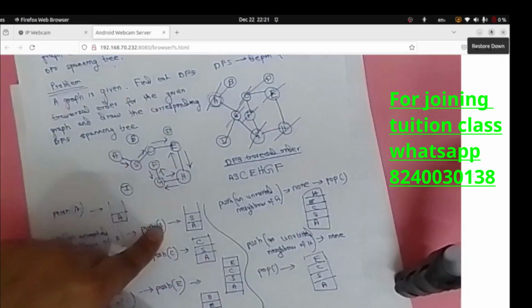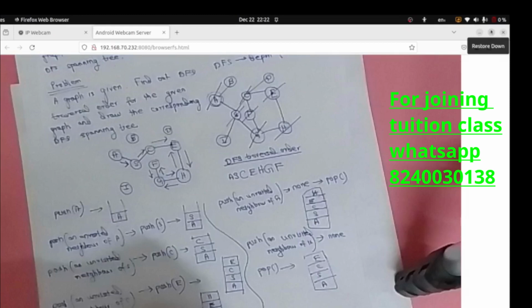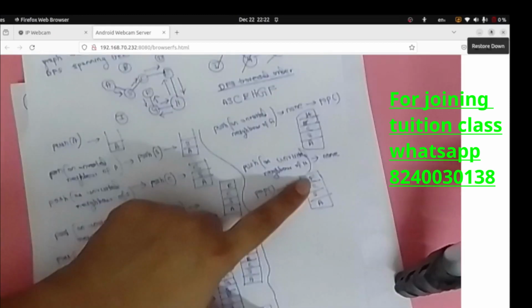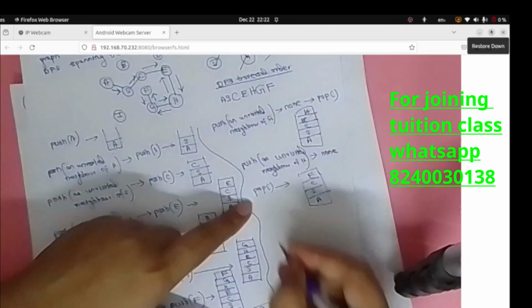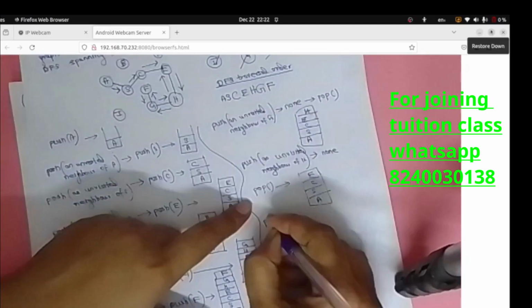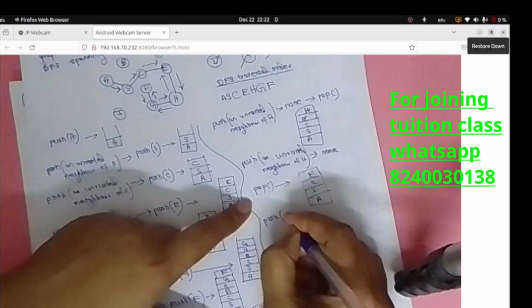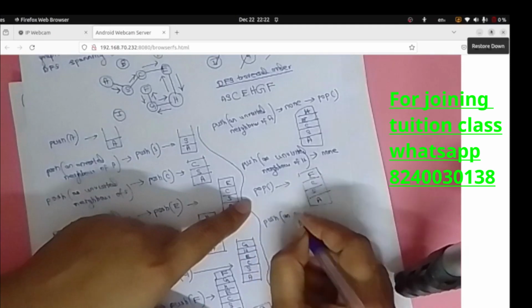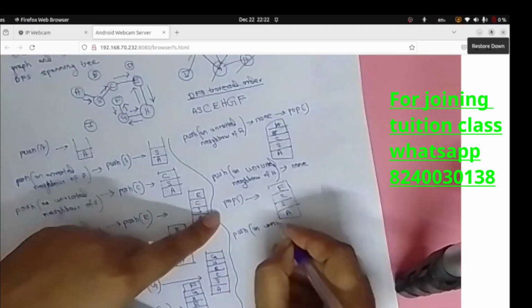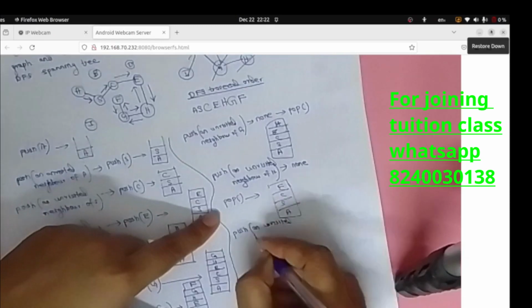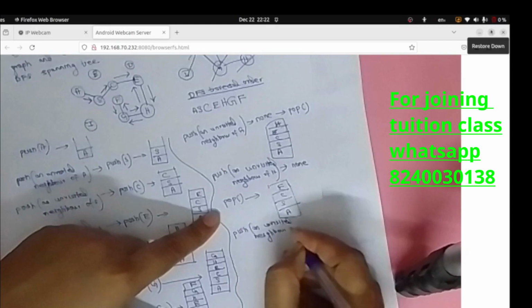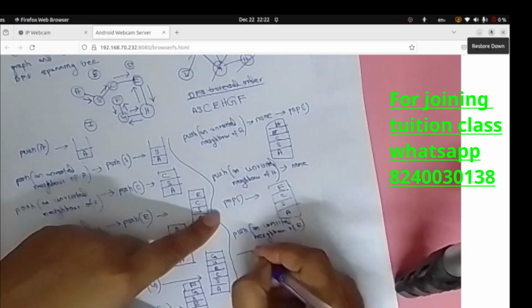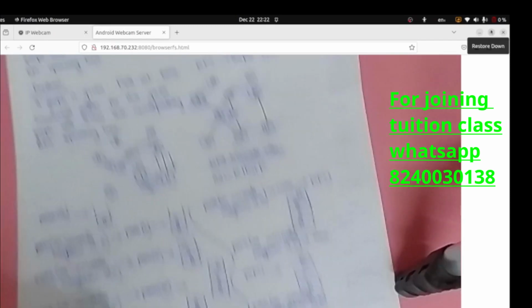So now the topmost element is E, and I have to do the stack operation related to this topmost element. So what operation will we do? Push an unvisited neighbor of E. So is there any unvisited neighbor of E?